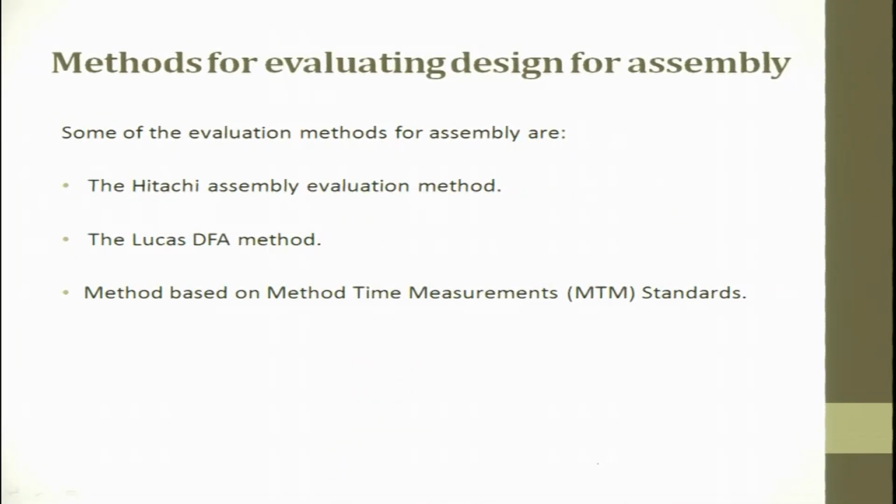Some of the methods for evaluating design for assembly: one is the Hitachi assemblability evaluation method, next is the Lucas DFA method, and the third one is the methods time measurement standards.